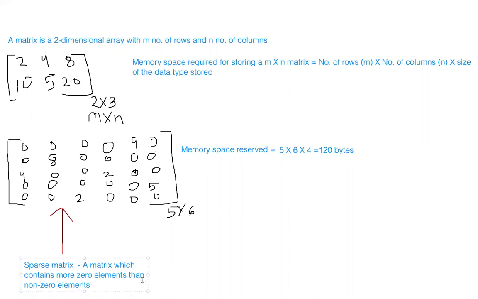This is the definition of sparse matrix, which stores more 0 elements than non-zero elements.